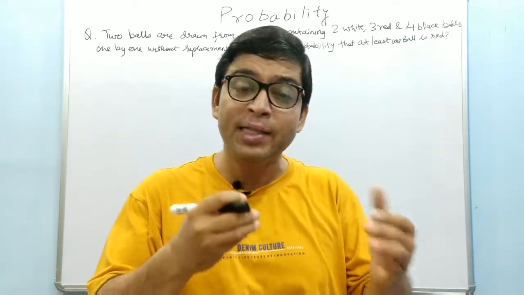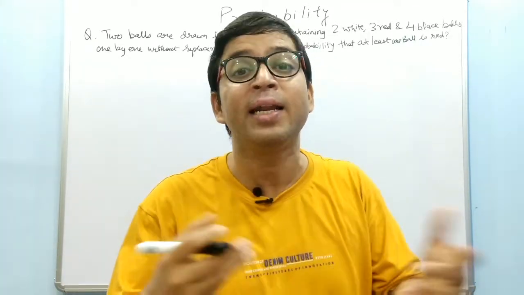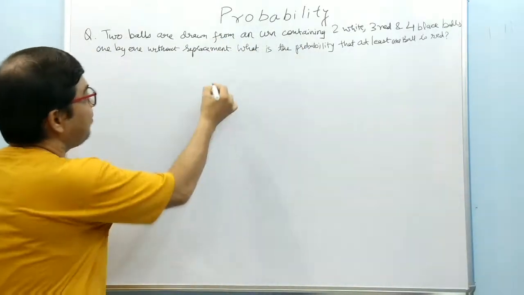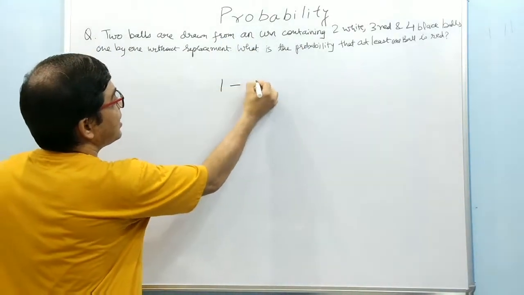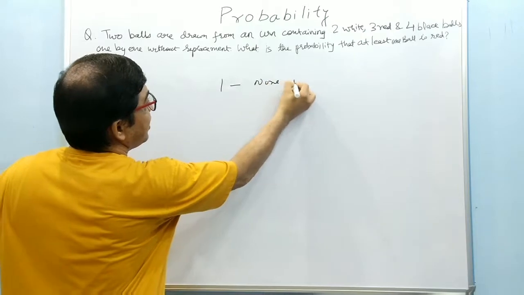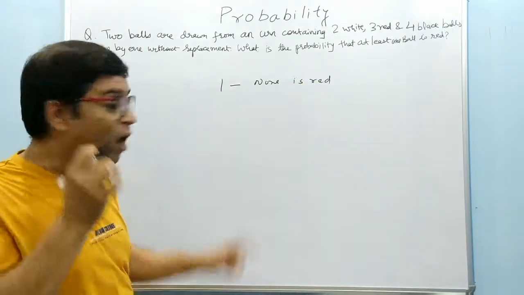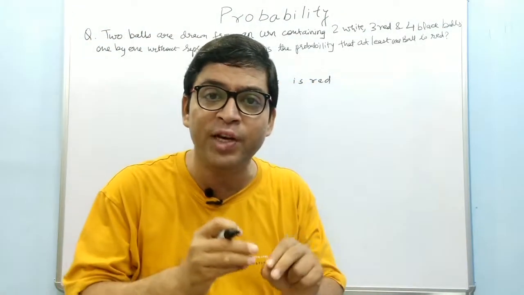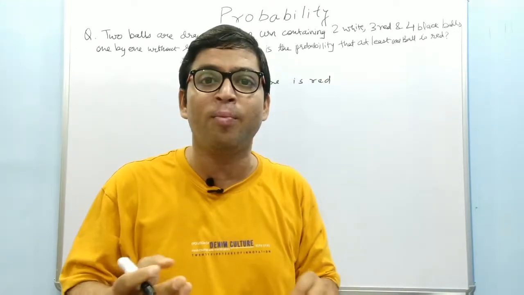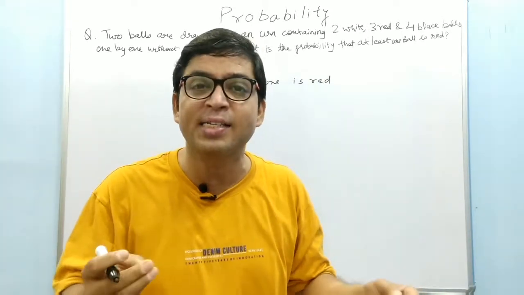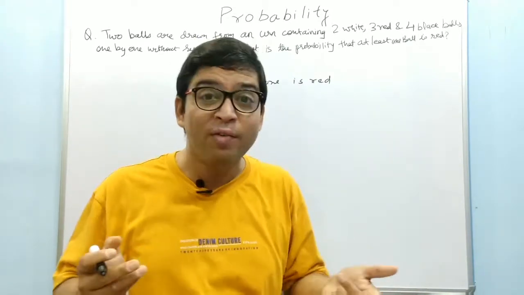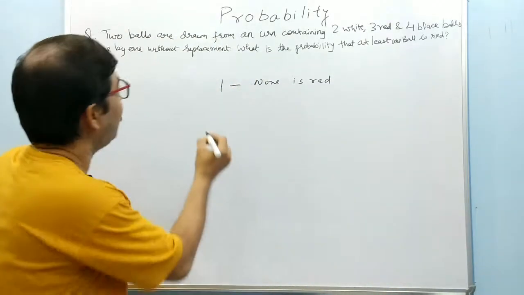At least 1 means 1 minus none. So we follow the basic concept, 1 minus none is red. If out of total probability we rule out the probability that none is red, that means at least 1 will be red. So how to do it?